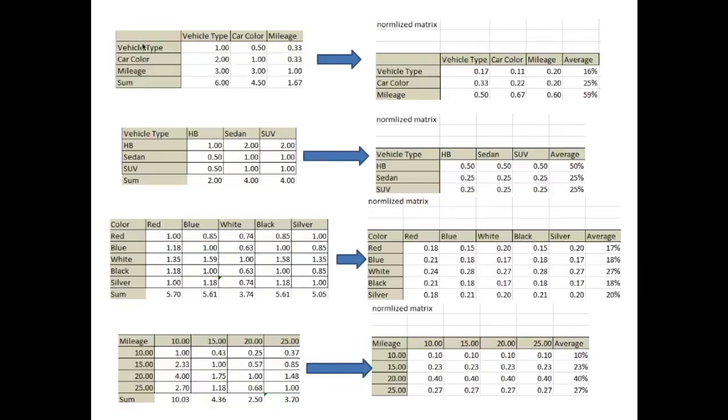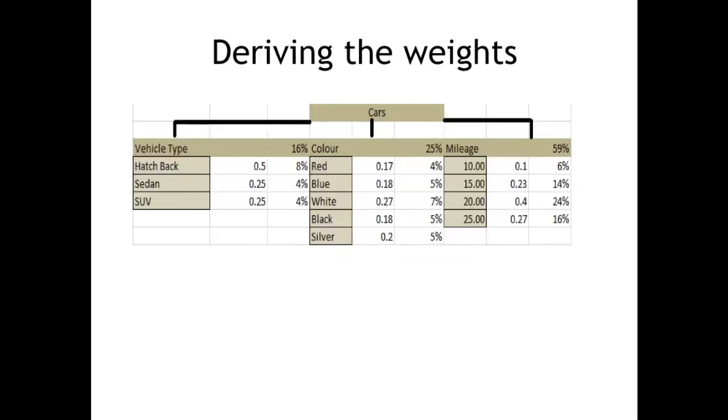These are the categories. After this, we look at the subcategories. Vehicle type has all three of these subcategories, and we do pairwise comparison of all of these. We also do pairwise comparison for color and mileage, and we get our eigen matrices. After this, we derive the weights.